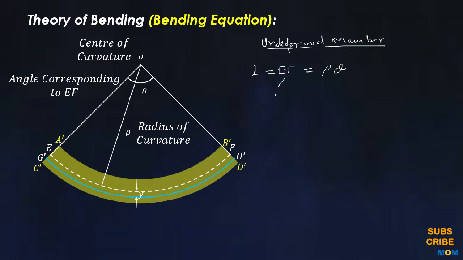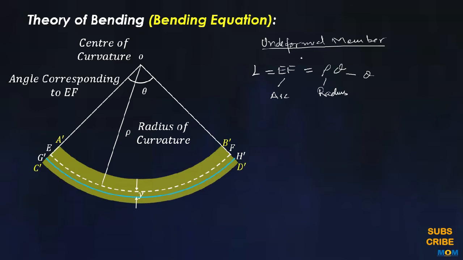Here EF is the arc which is undeformed, rho is the radius of curvature, and theta is the angle corresponding to the EF.